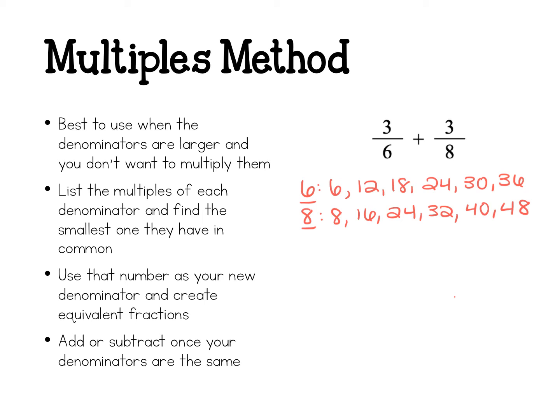Now, if I look at these numbers, I see that I have a match in the number 24. Well, that's going to be an easier number to work with than the number 48. So I want to take each of my fractions, 3/6 and 3/8, and create equivalent fractions with a denominator of 24.